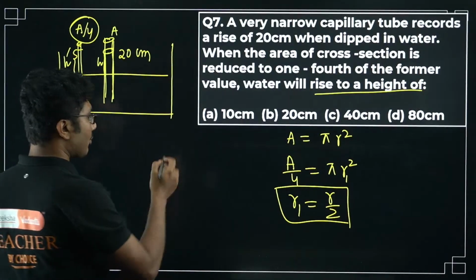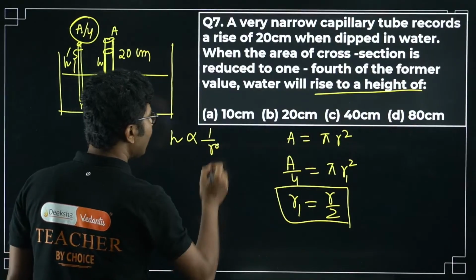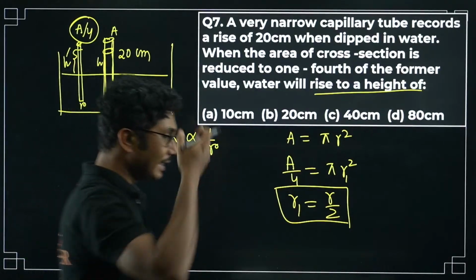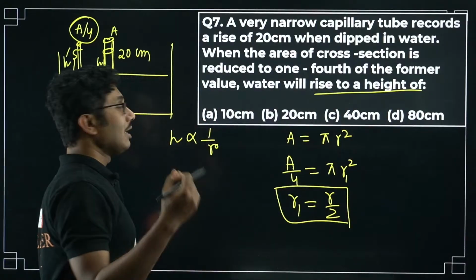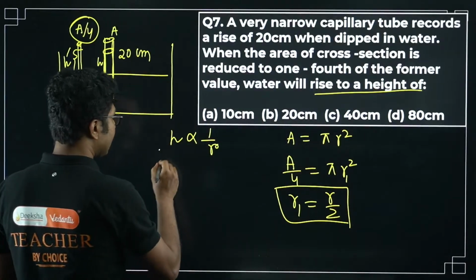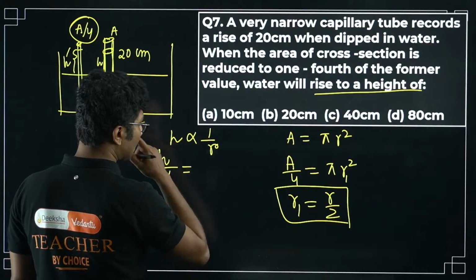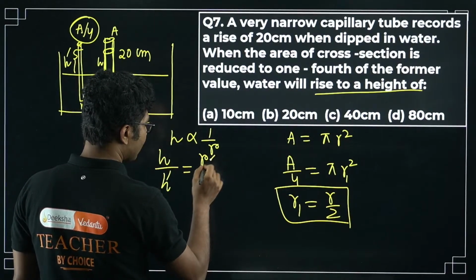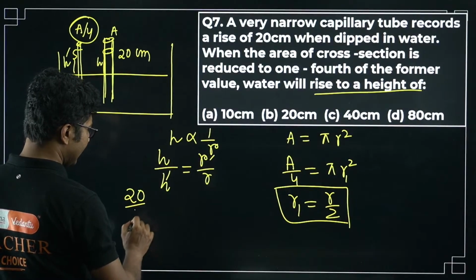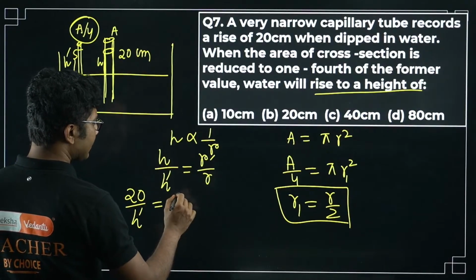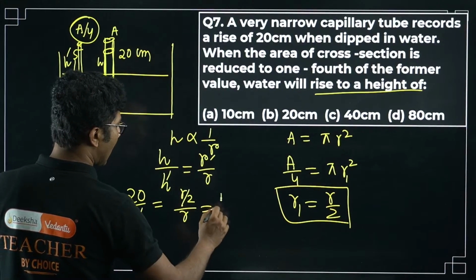Capillary rise is always inversely proportional to the radius. So the bigger the radius, the smaller the rise. Initially it is h, final is h dash, which equals r dash by r, inversely proportional. So h is 20, h dash we are trying to find, r dash is r by 2 and this is r, so you get half over here.